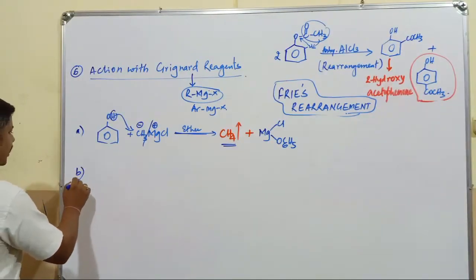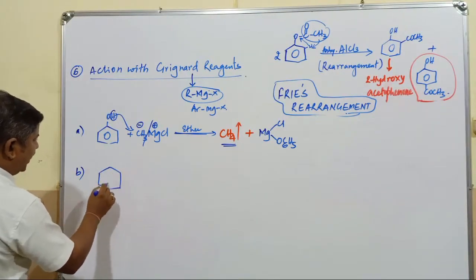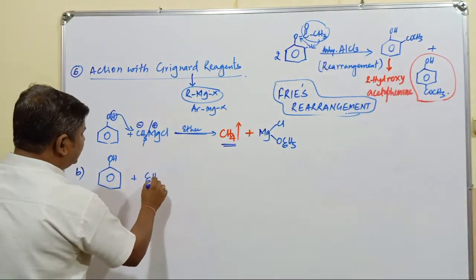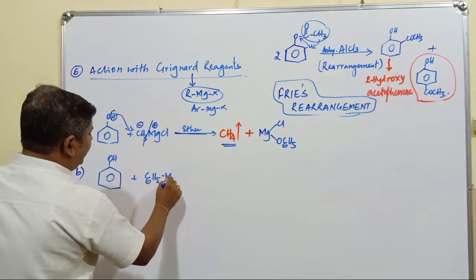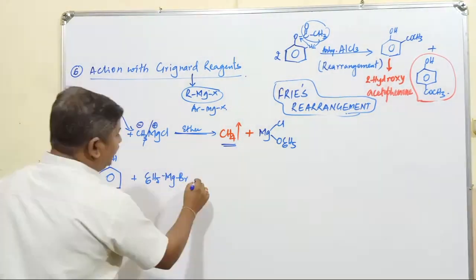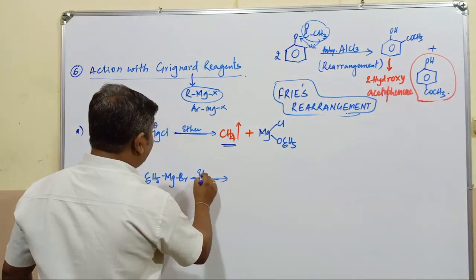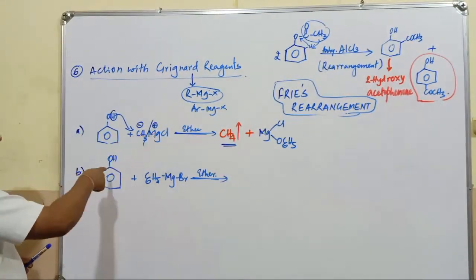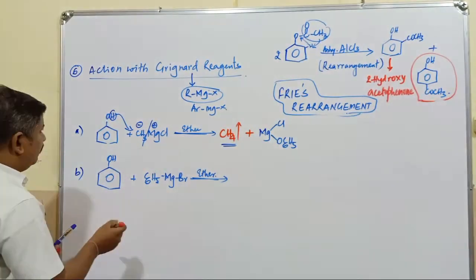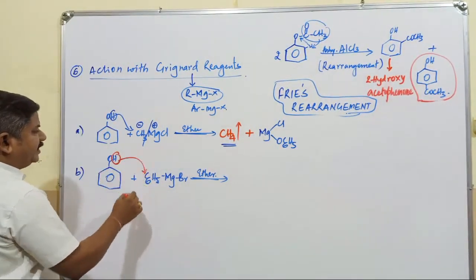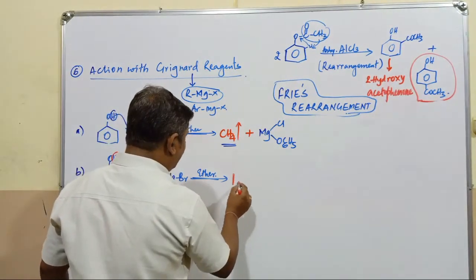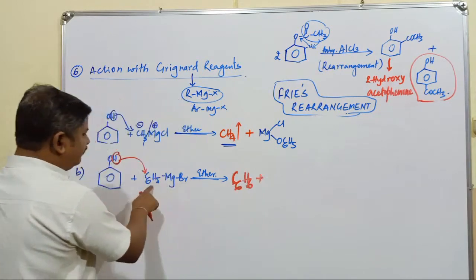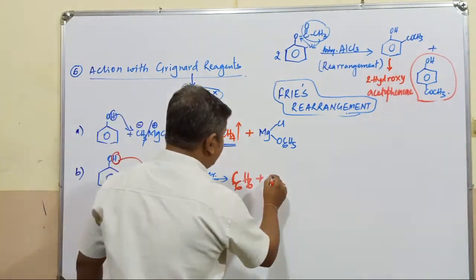Similarly, what is the product obtained in case of, now we can predict very easily. Hope you are following this. C6H5MgBr. What is the product obtained in this reaction when it combines with the Grignard reagent? As in the previous case, the same reaction takes place here also. When H plus is added to C6H5 minus, the main compound produced is which one? C6H6. C6H5 minus and H plus, what is the compound?